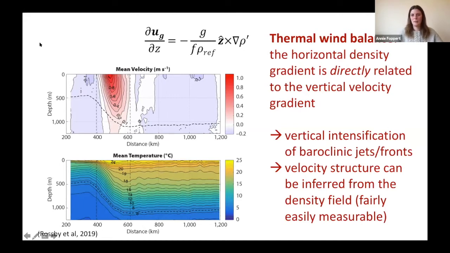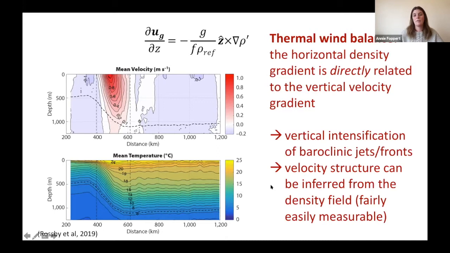Yes, so with this thermal wind balance, you see, again, this vertical intensification of the jet associated with a horizontal front. And that's convenient for observational studies because it's much easier to measure the temperature and salinity of the ocean or the temperature of the atmosphere than it is to measure the velocity.